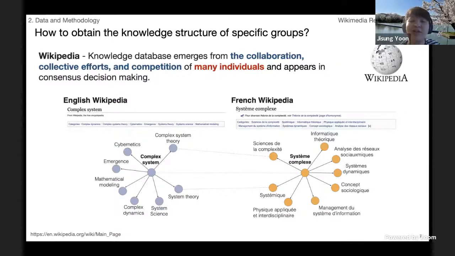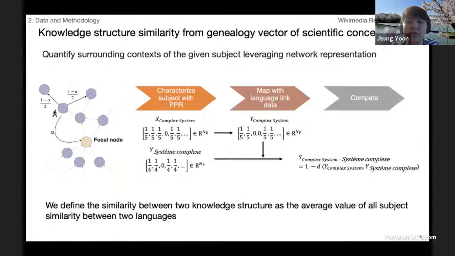Then how can you quantify these relationships? For this, we use the personalized PageRank algorithm. We quantify the surrounding context of a given subject with the PPR algorithm. This is one example of our result. If we calculate complex system for the English Wikipedia database, we can also find the equivalent concept in the French Wikipedia dataset, then compare these two concepts from two knowledge databases using language-linked data in Wikipedia.